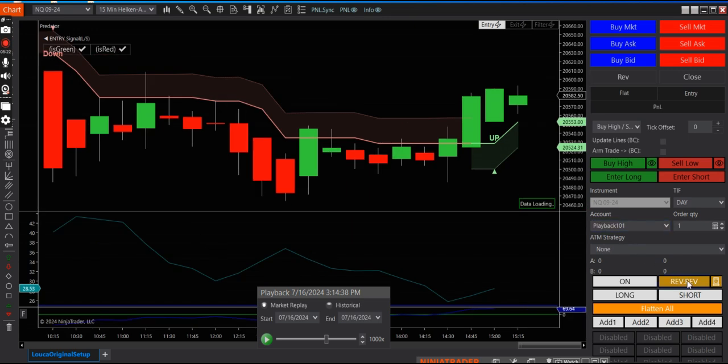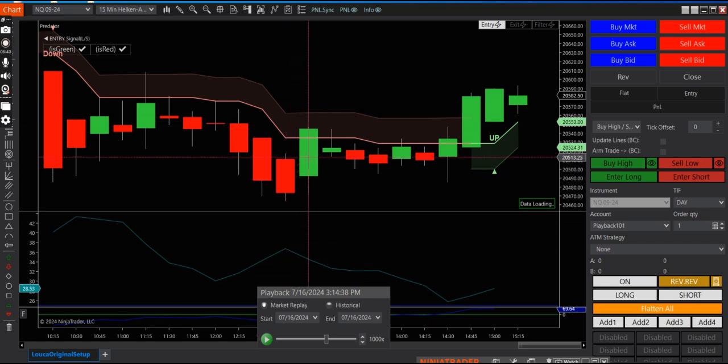So basically I have this reversal here. When it goes into a trade and detects a candle going in the reverse direction, let's say you go into a trade here, right?